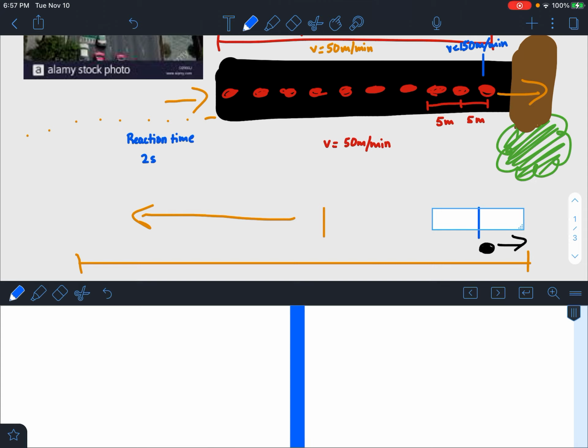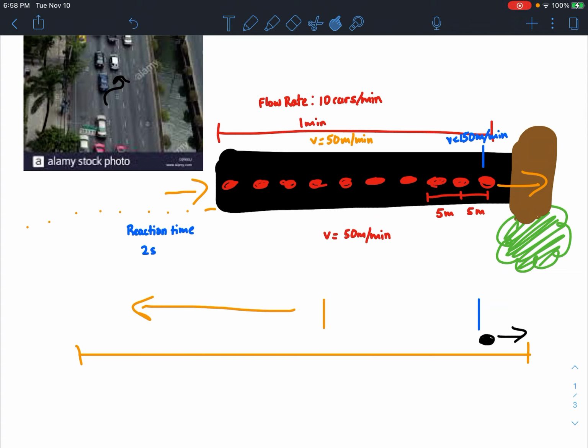Basically, that's what it's all about. It's about where that initial line length can do that, and it will be 150 meters right there, because it's 10 cars times that value for 50.